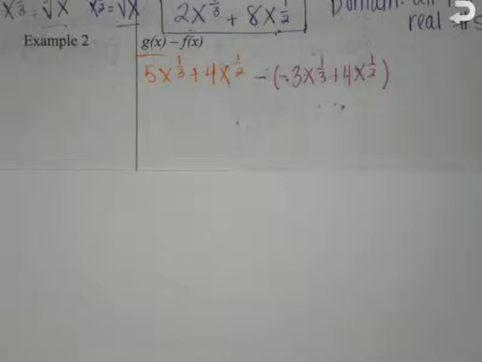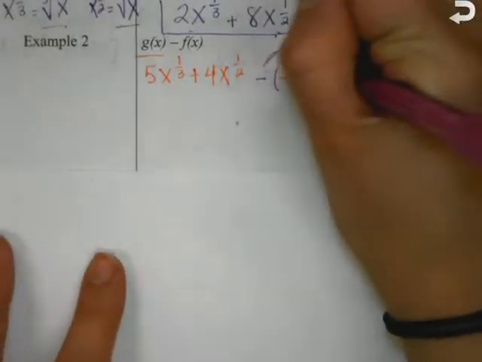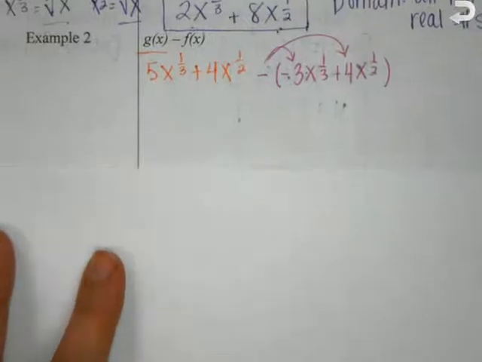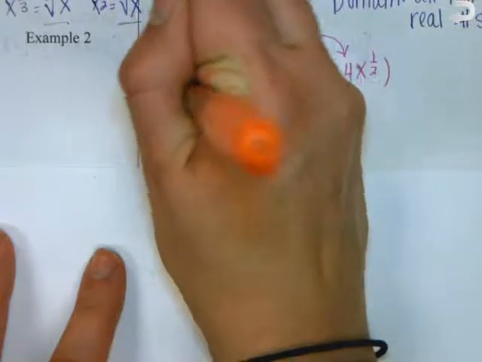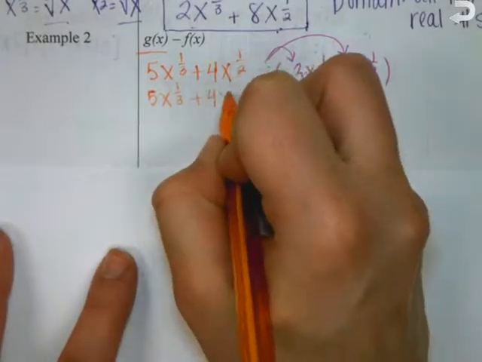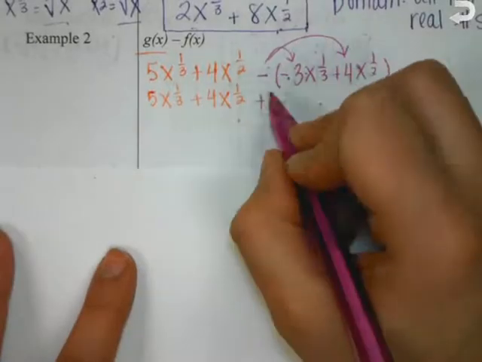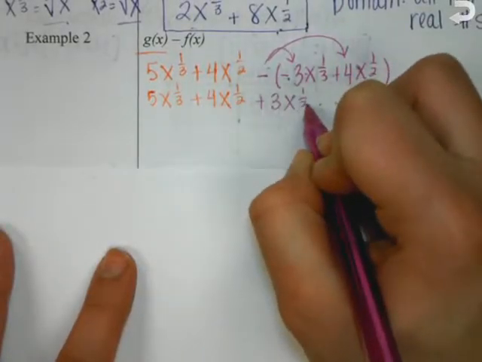What do I have to do with that negative? So that's going to give me 5x to the 1/3 plus 4x to the 1/2 plus 3x to the 1/3 minus 4x to the 1/2.